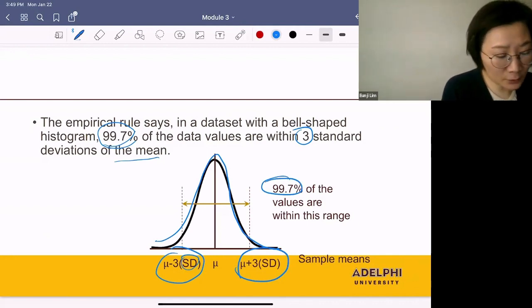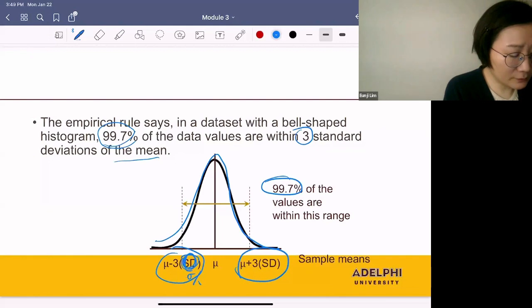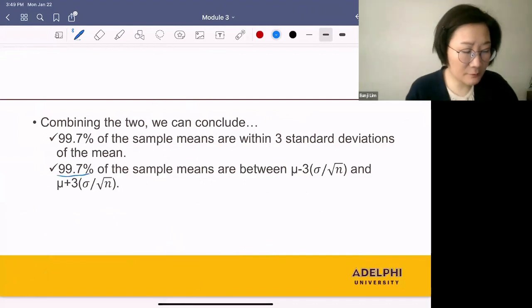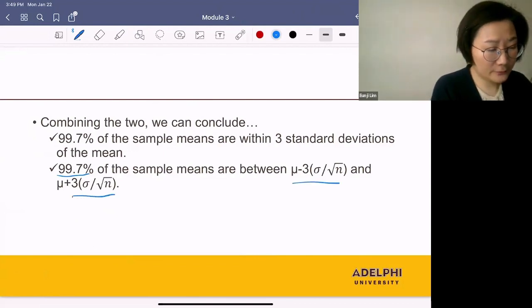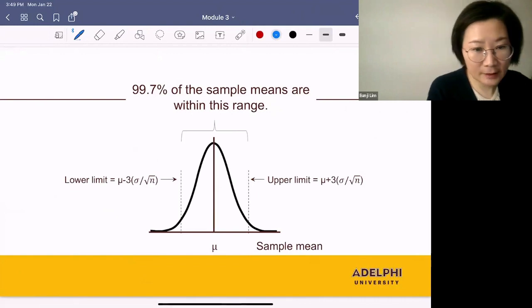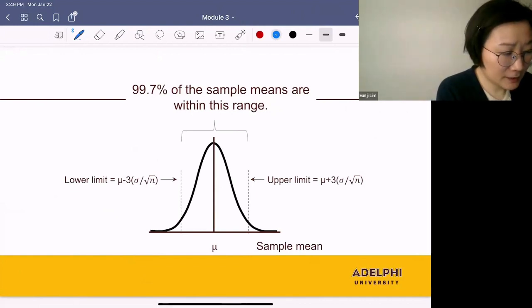Now, according to the central limit theorem, we know the standard deviation is sigma over the square root of n. So if you combine the two, we know that 99.7% of the sample values are within these two values. So we can say something like this: 99.7% of the sample values are within these two.